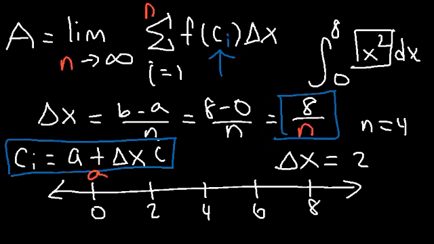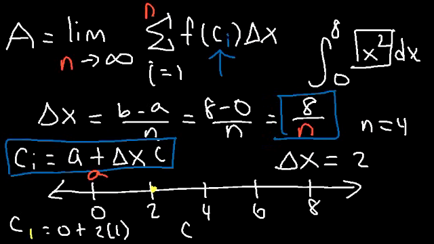So let's say i is equal to 0. So c0 is a, which is 0, plus delta x, which is 2, times i, which is 0. That gives us the first point of 0. Now what about c1? Well, a is still 0, plus delta x, which is 2, times i, which is 1. 2 times 1 gives us the second point, which is 2. Now let's say i is 3.